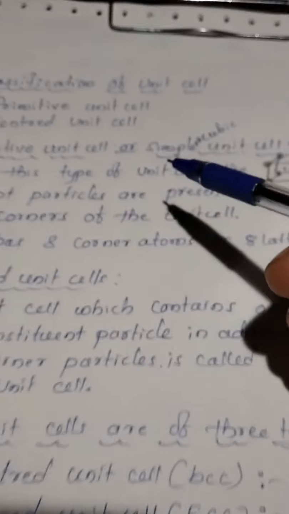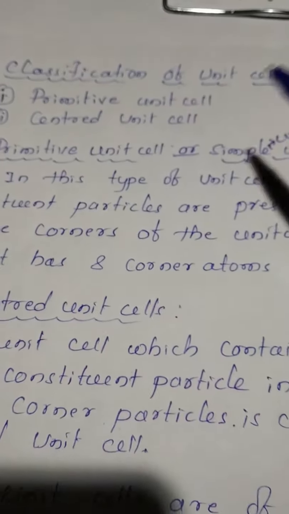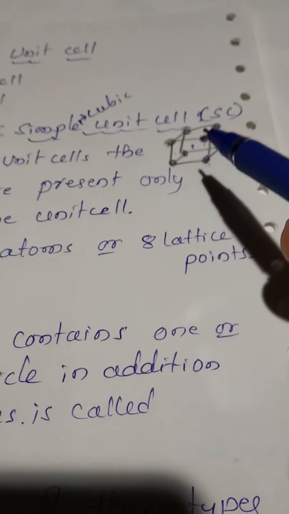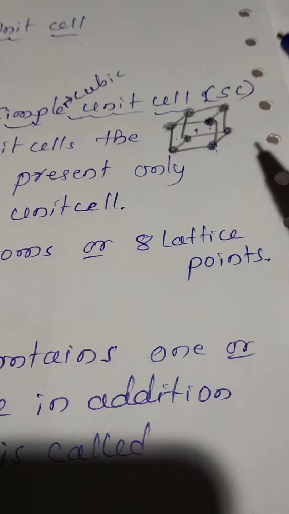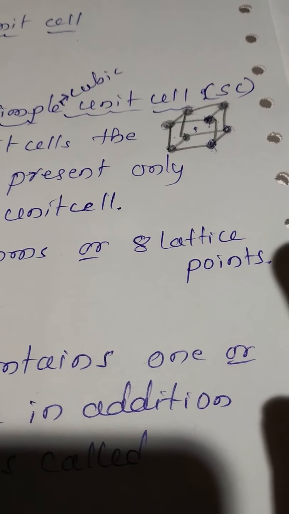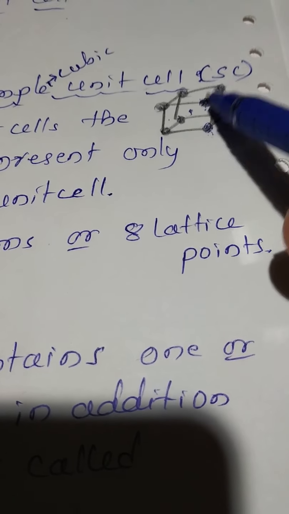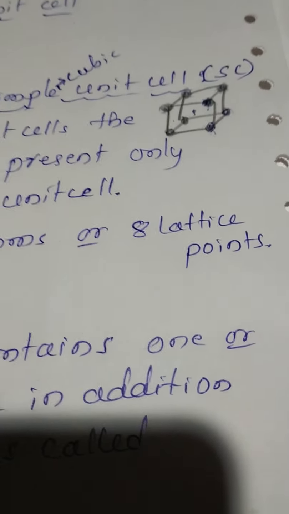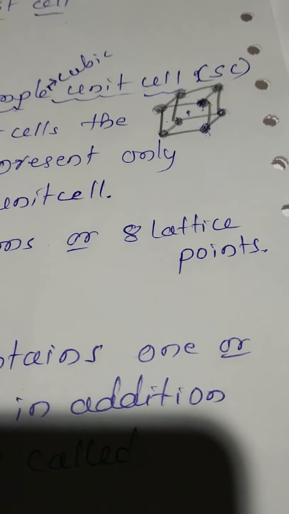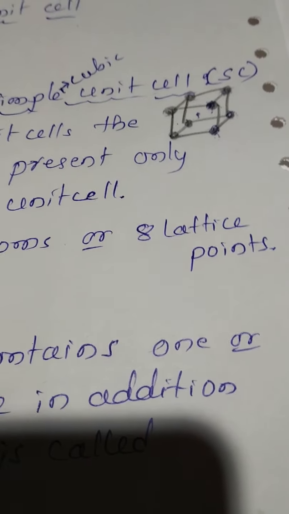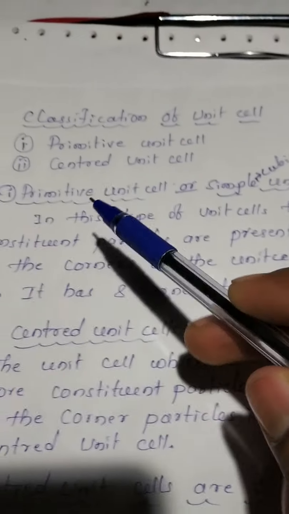Next, another classification here, centered unit cell. What do you mean by centered unit cell? See here, one or more constituent particles present in addition to the corner particles. That type of unit cell is called a centered unit cell.